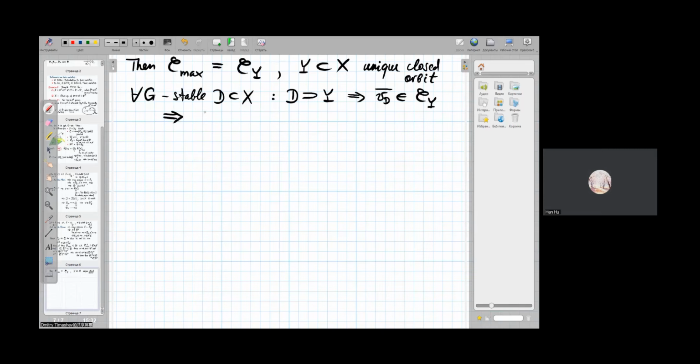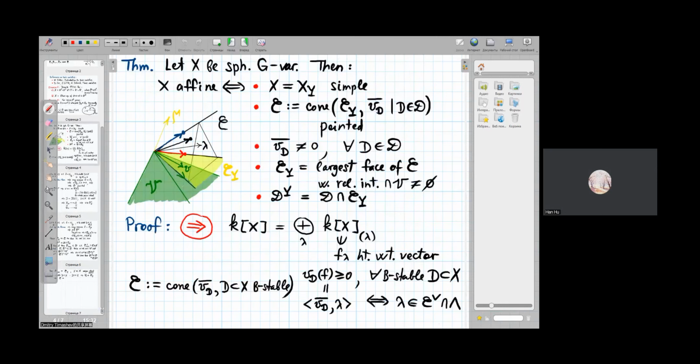And this means that the cone C, let me recall by definition, was spanned by all vectors VD bar corresponding to all B-stable divisors, including colors and including G-stable divisors. So the colors are already in the set of generators, and if you add G-stable divisors, then you get the whole cone.